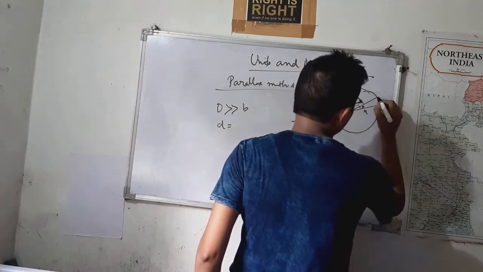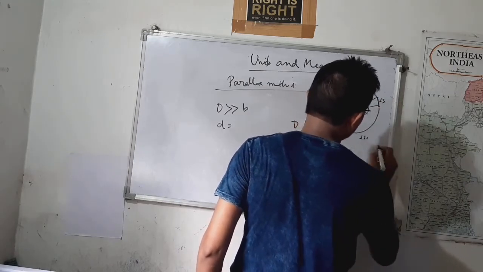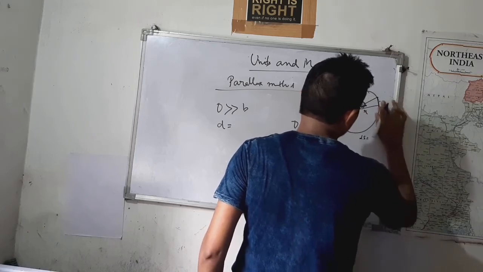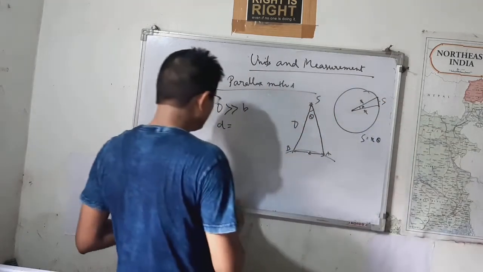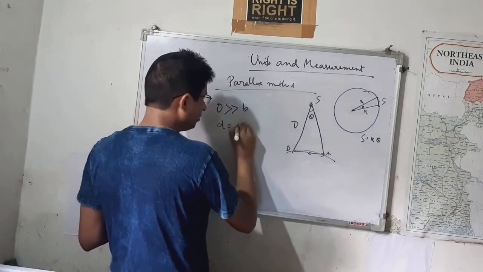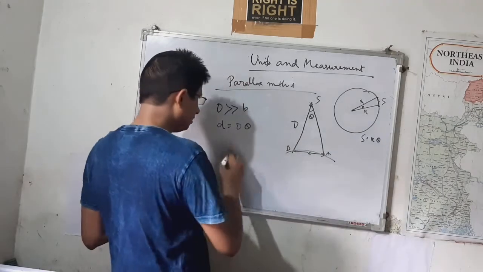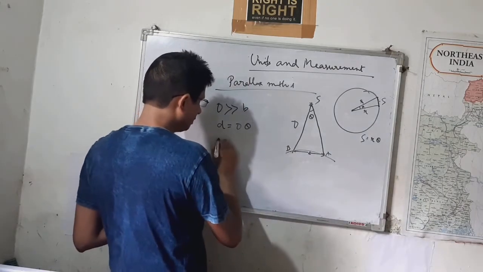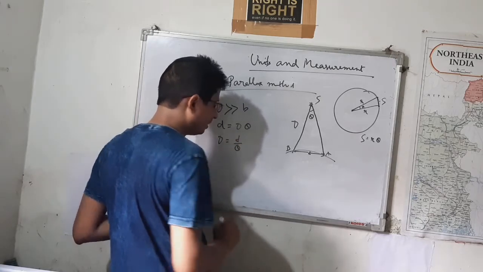Then the displacement from point to point is S, so S equals R theta. Similarly, in this case, small d equals capital D into theta. So from this you can find D equals small d by theta.